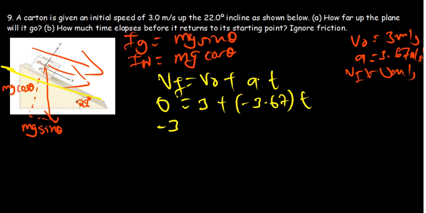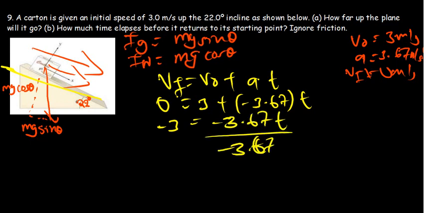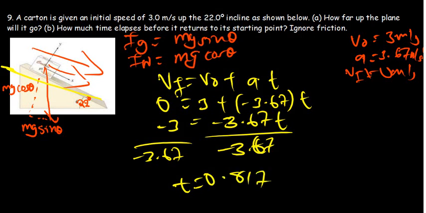Negative 3 has to be equal to negative 3.67 t. Let's divide both sides by negative 3.67. Therefore t equals negative 3 divided by negative 3.67. Our time is 0.8174 seconds.